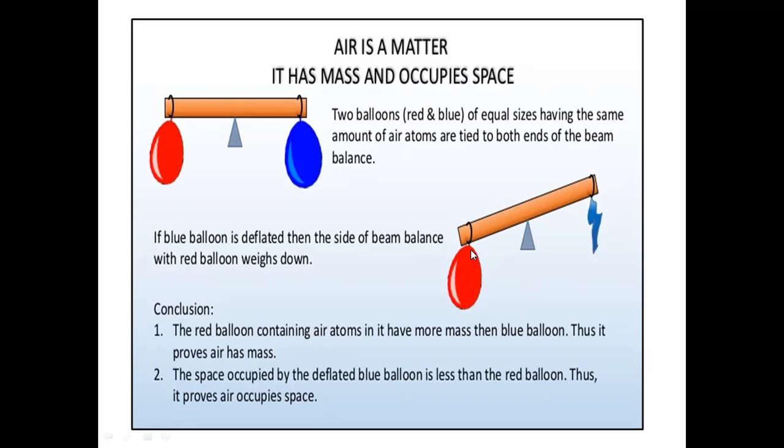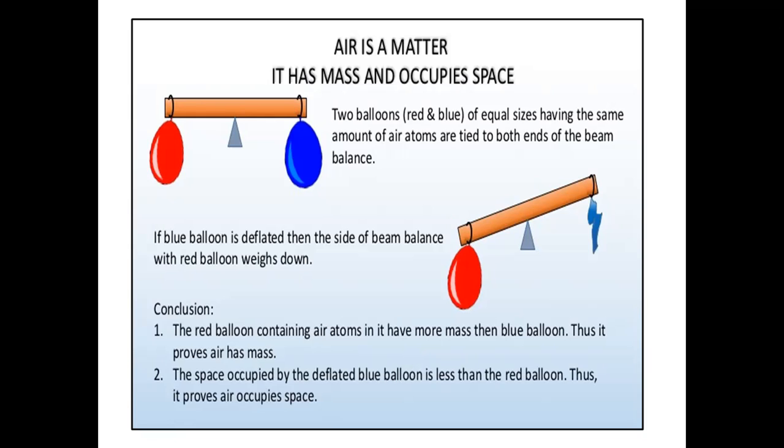So this side of the beam balance comes down, and since on the right side the blue balloon does not have so much weight, it rises up. It proves that the red balloon containing air in it has more mass than the blue. Thus it proves that air has mass.